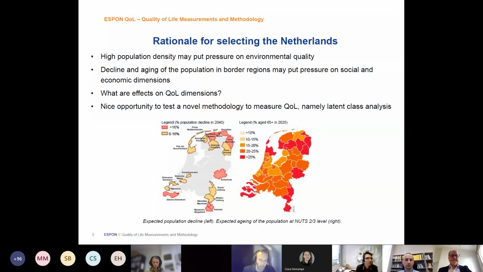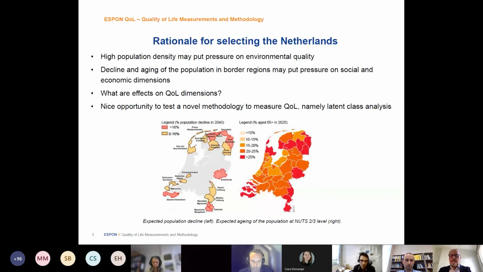So especially in the northeastern, southeastern and southwestern parts of the Netherlands, you have this problem of declining population levels and aging populations. And so therefore it was an interesting case study to look at how those trends affect quality of life in terms of the measurements that were there.